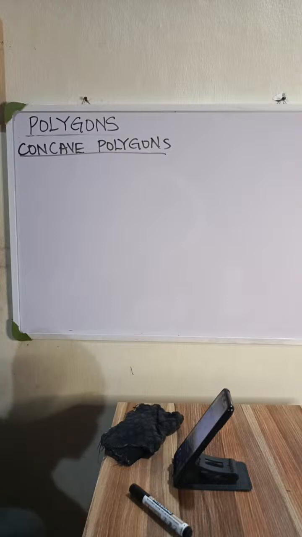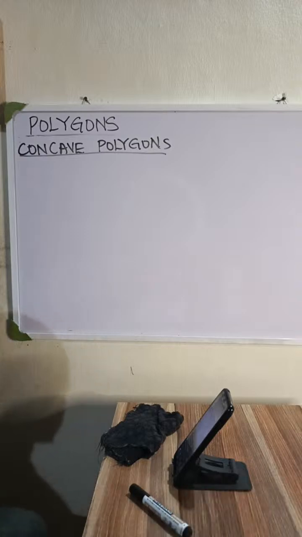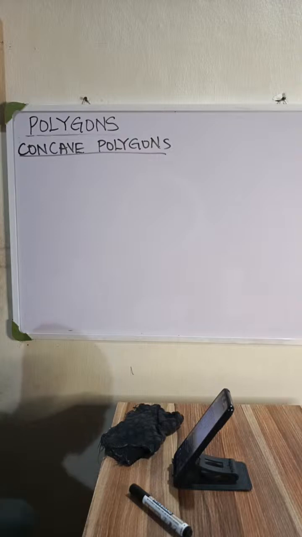Nobody remembers that? An angle that is greater than 180 degrees but less than 360 degrees. Do we still have students in this class? Or has everybody gone to bed?